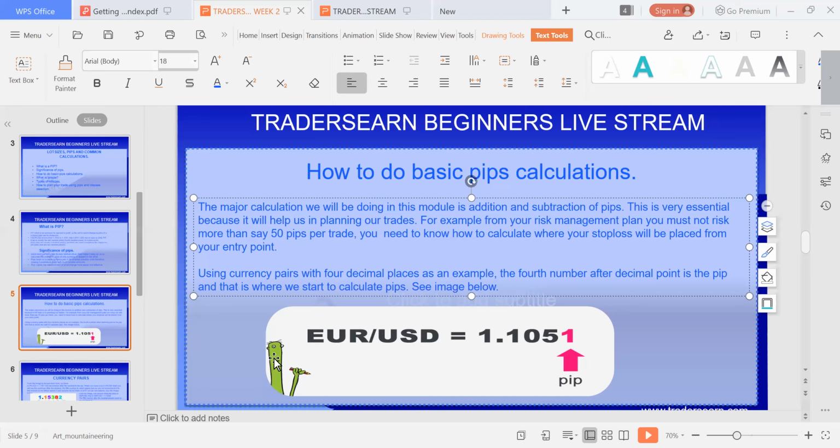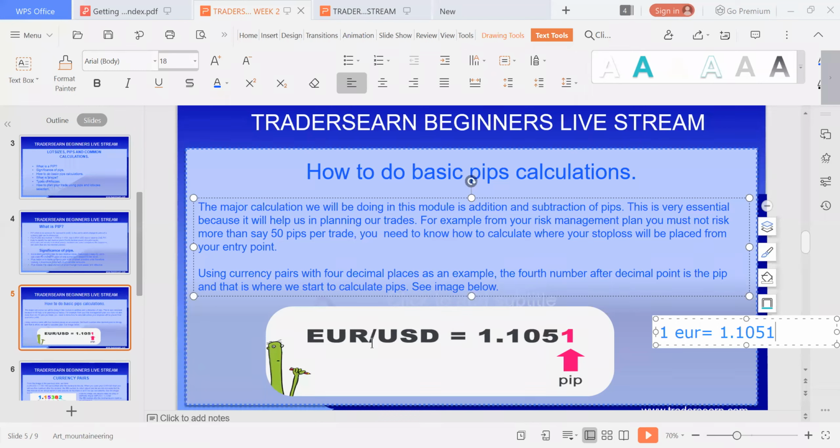1 euro is equal to 1.1051. This is exactly what it means when you see something like this.